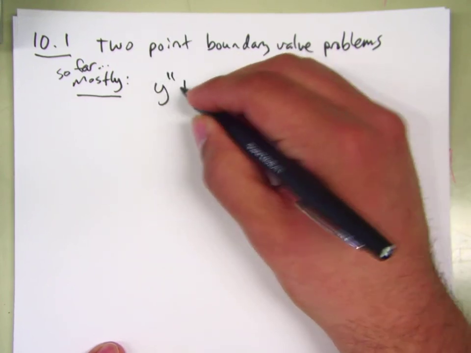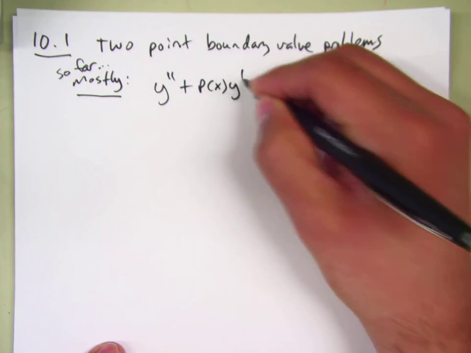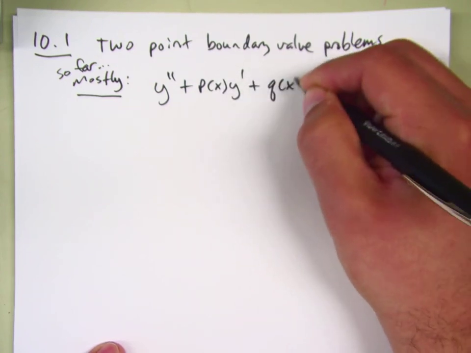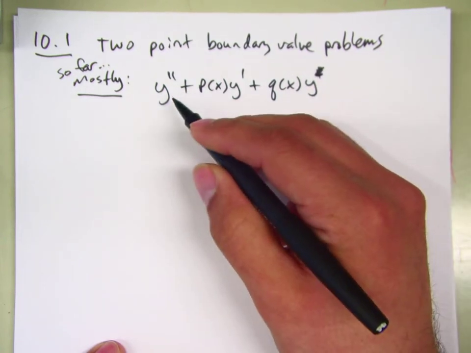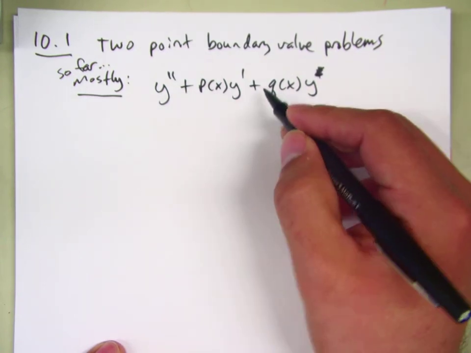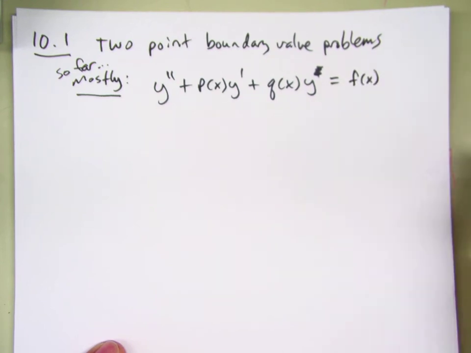Second order equation, whoop, that's not a derivative, sorry. So y double prime plus p y prime plus q y equals 0, or maybe f of x.